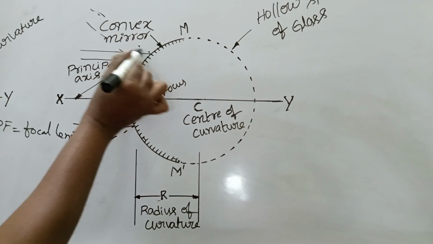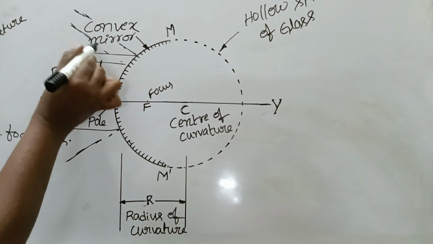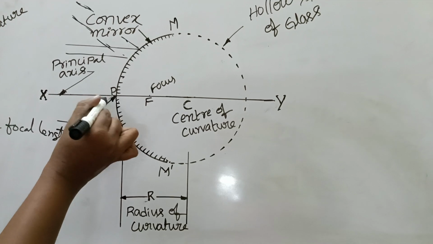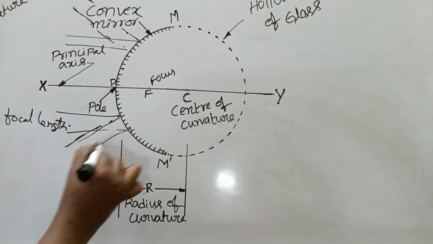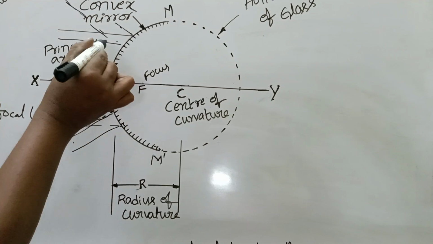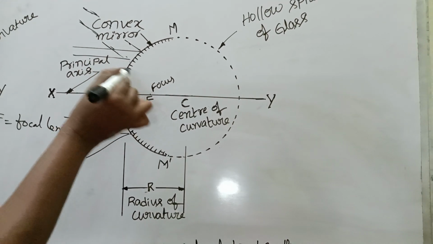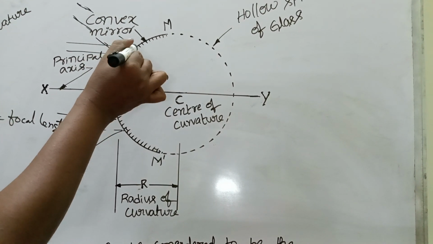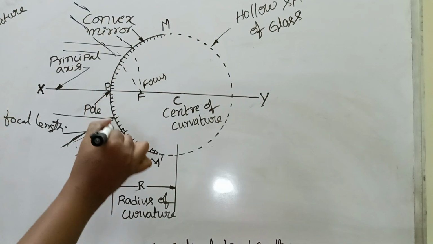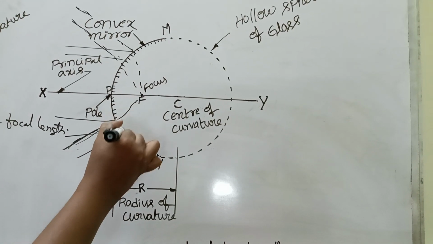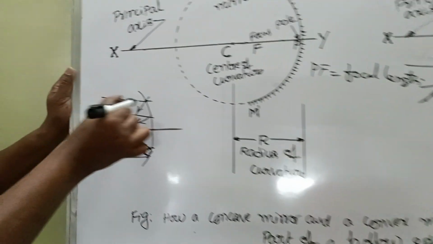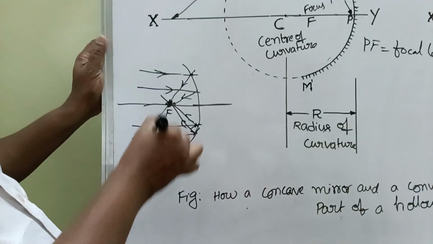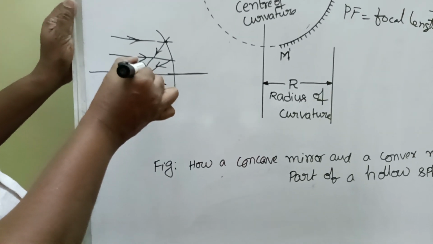So these are the lines of reflection, and there is another ray getting reflected like this. Now if you extend these lines, all these lines will appear to focus at a particular point. Just like the concave mirror, where the reflection is inside the surface and the rays exactly meet at the focus point.